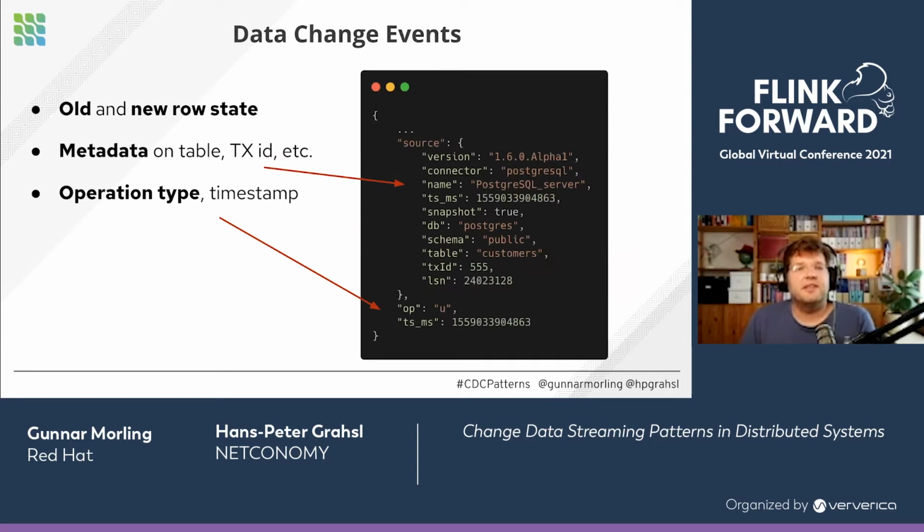And then there's some more metadata, which is part of the events. And this, for instance, describes the version of the connector, the name of the database, maybe the schema, maybe the query which triggered a specific change, timestamps, positions, position in the log file, all this sort of metadata, which allows you to uniquely identify the origin and the identity of a change event.